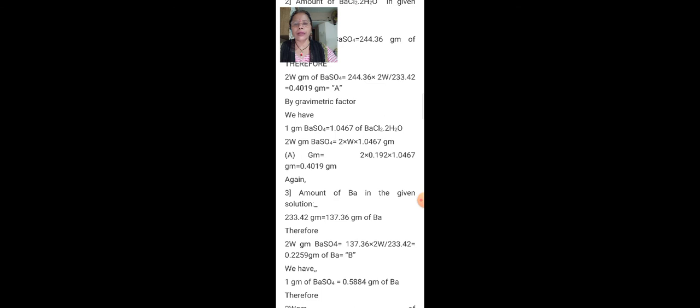This is the simple calculation of barium chloride, barium sulfate, and the estimation of barium present in the given solution. It's quite simple. By the gravimetric factor also, 1 gram of barium sulfate equals 0.588 gram of barium, and the calculation again gives 0.2259 gram of barium.